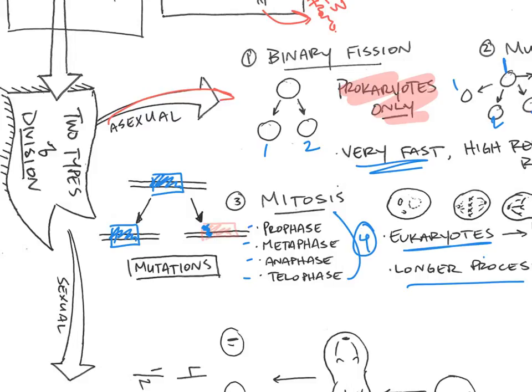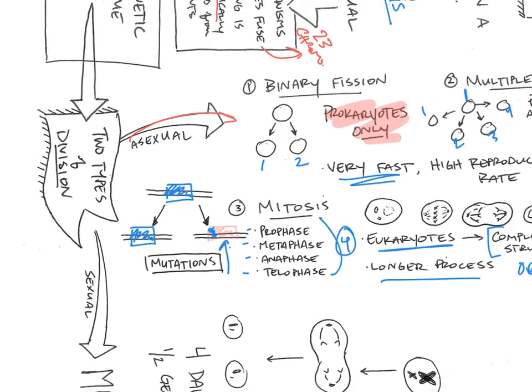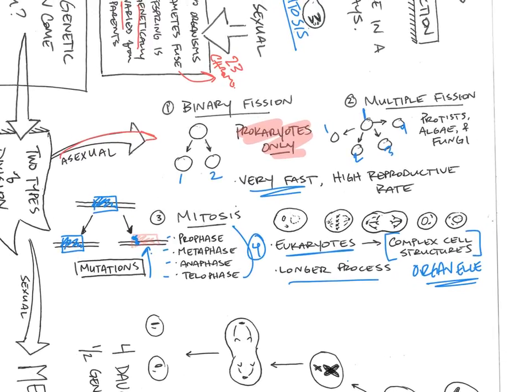That strain is now genetically independent or distinguishable from my parent generation. And variation is a good thing because it helps with long-term survivability. So that's a quick overview of our asexual reproductions, and we're going to come back to mitosis in particular. We're going to talk a lot more about that one.